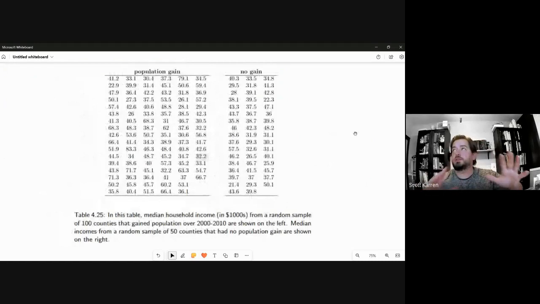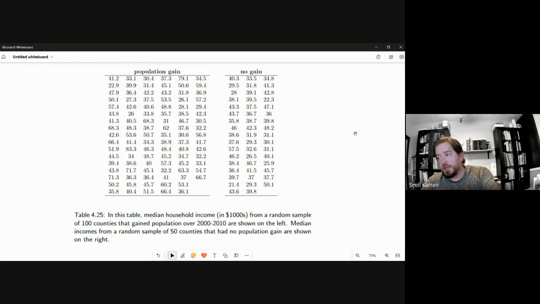So we have two bits of data. On the left, we have a bunch of numbers from countries that had a population gain. There's a random sample of 100 countries that had a population gain between 2000 and 2010.